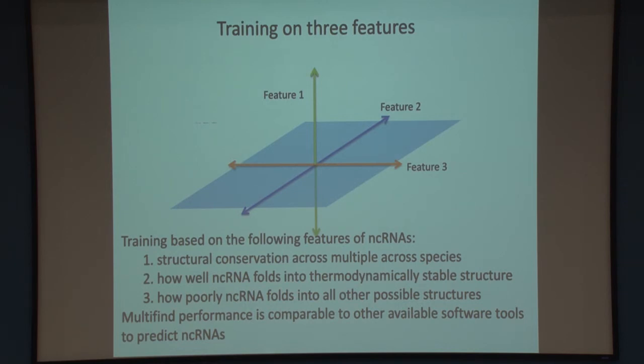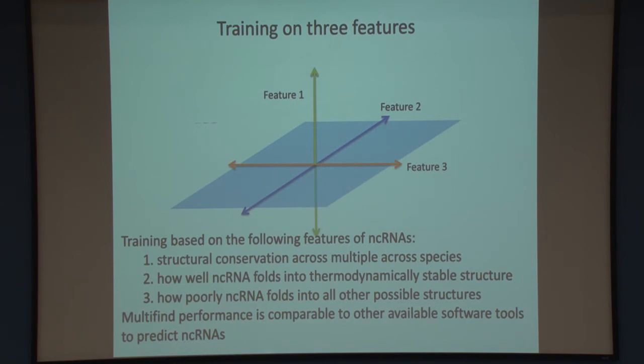And I wanted to show the way the space would be. If you have non-coding RNAs, you're separating them in space by 3 different features, like I said: the structural conservation, how thermodynamically well it folds, and how poorly it folds into other structures. Using these 3 different features, the support vector machine was able to classify non-coding RNAs that are functional versus ones that aren't.